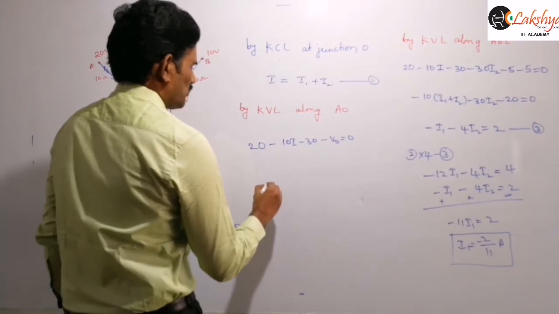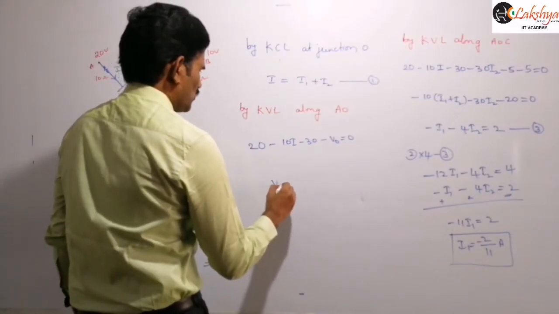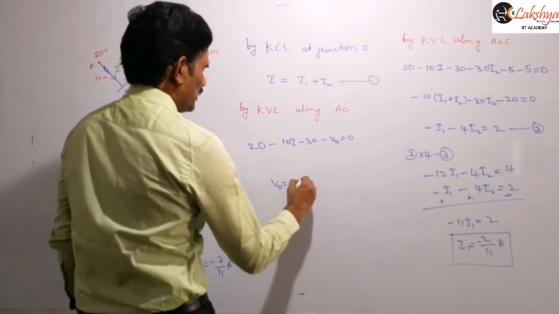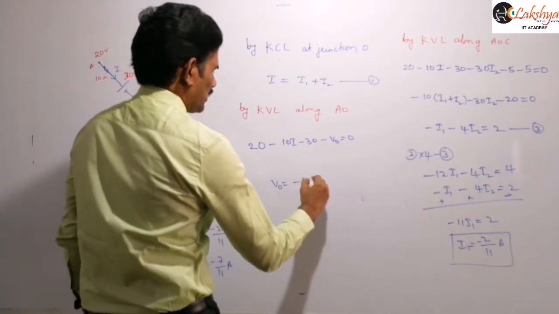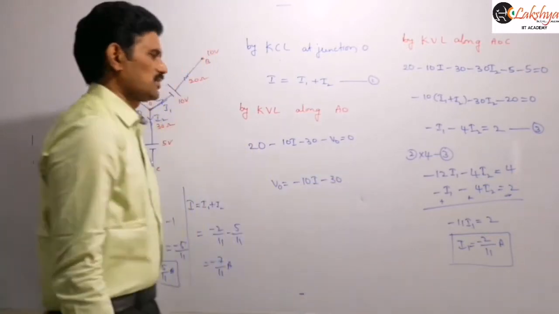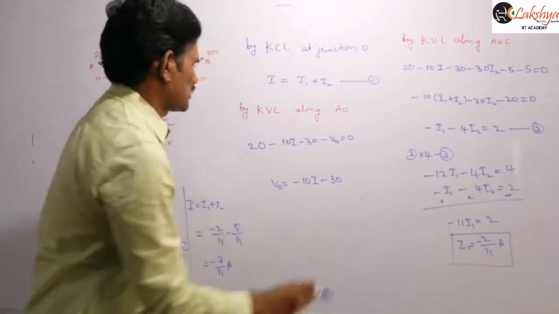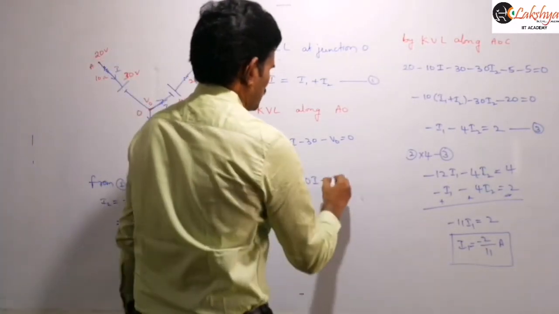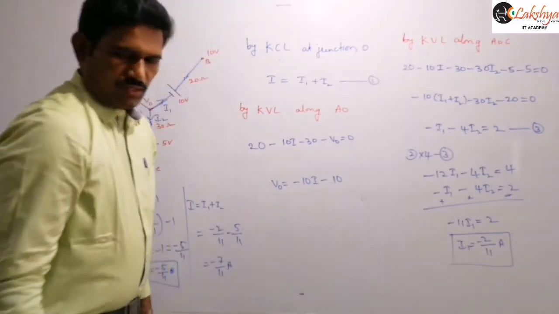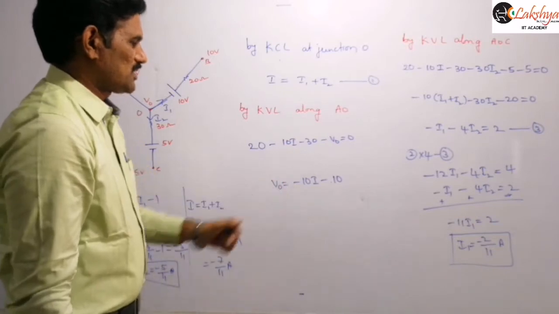From this I can write V0 is equal to minus 10I and minus 30, minus 20, so this is just minus 10. Writing V0 on this side, then it is minus 10 and minus 10I already there.